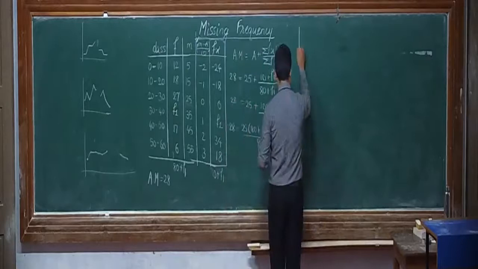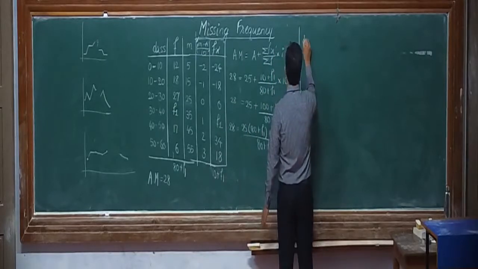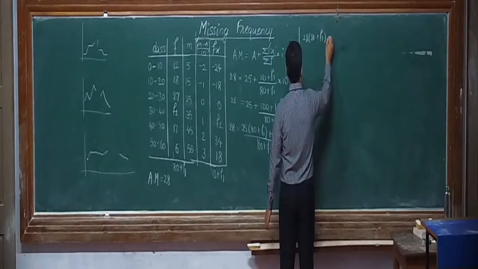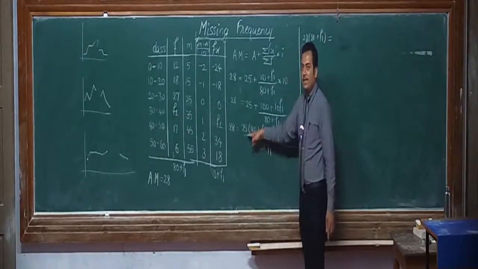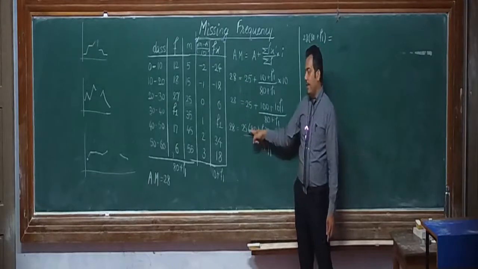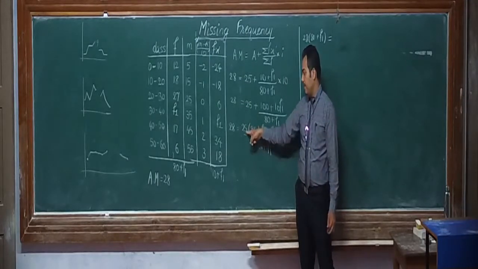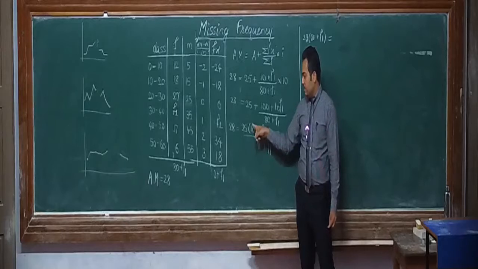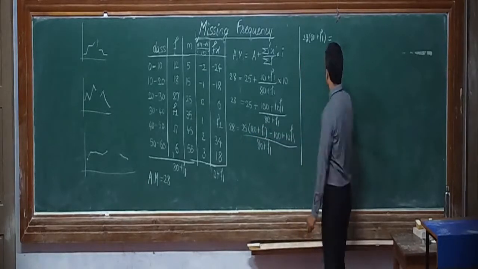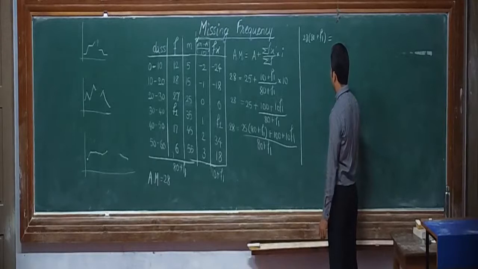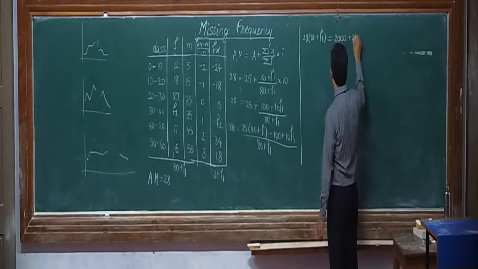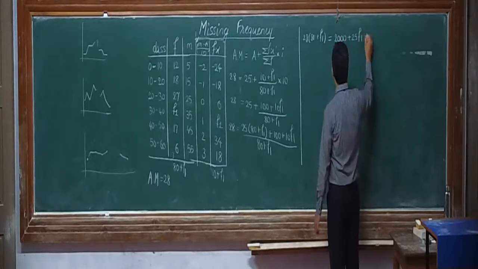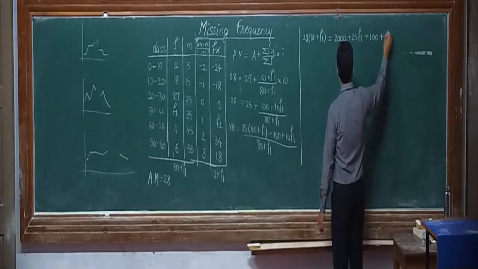So what I get here is 28 into 80 plus f1 is equal to, now let me multiply this 25 inside. 25 into 80 gives you 2000, plus 25 f1 plus 100 plus 10 f1.